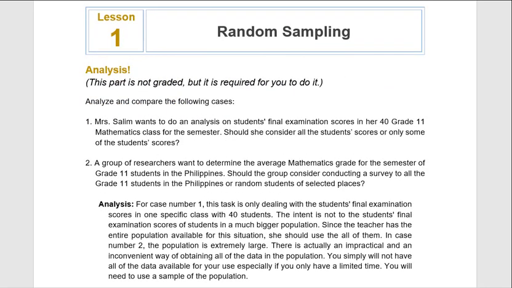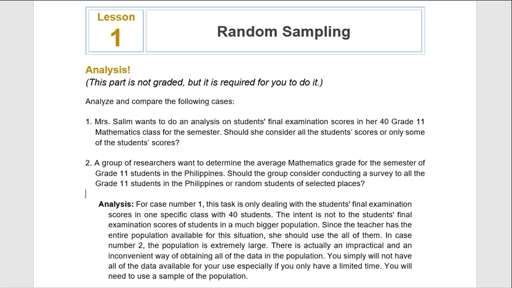So if you're going to look at it, the first case, you can actually include all of the students because 40 lang naman sila. It's not that big of a number. Okay, but on case number 2, if you're talking about all of the grade 11 students in the Philippines, you may be talking more than 50,000, 100,000 students.